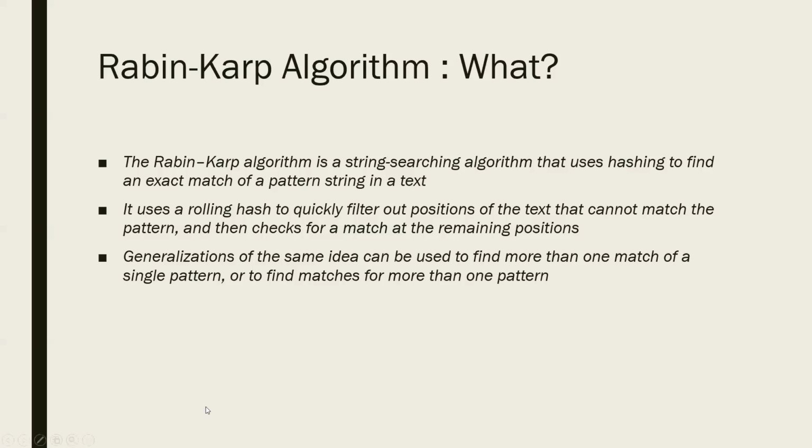What we do here is we have something called a rolling hash. We first take a pattern that we have and generate a hash. Then we take the number of characters in the document or in the main text that we want to search in, and it is converted into a hash continuously and compared with the hash of the pattern that we have.